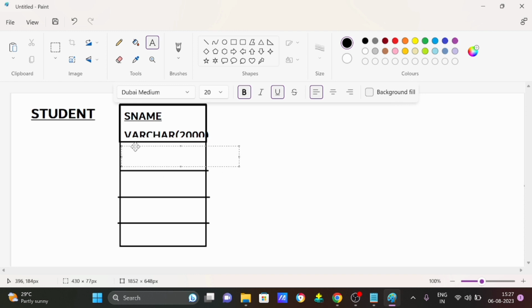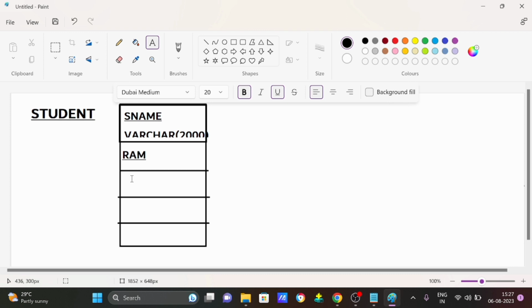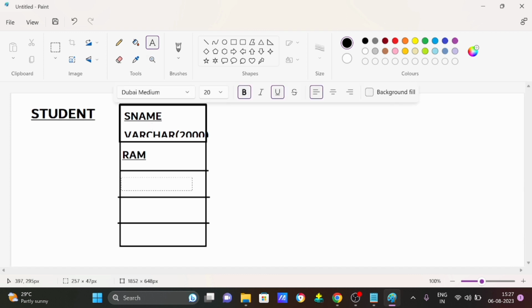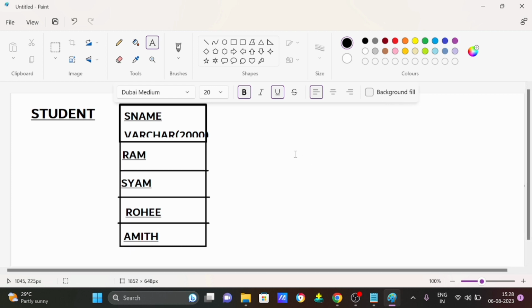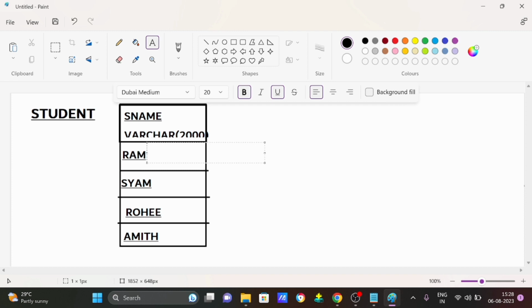Now, Ram, Syam, Ruhi, Amit. For example, let's also mention the size.